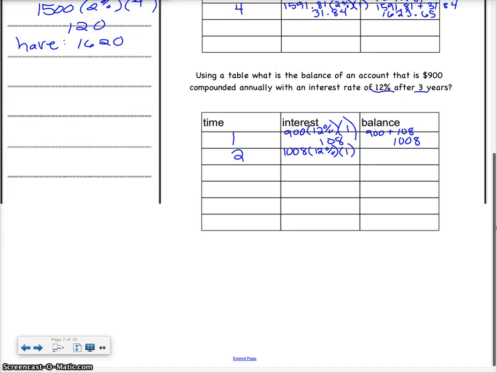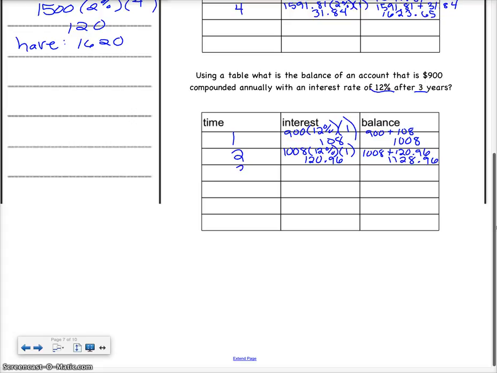So 1,008 times 12% is 120.96. So my new balance is going to be 1,008 plus 120.96. And that's a total of $1,128.96.